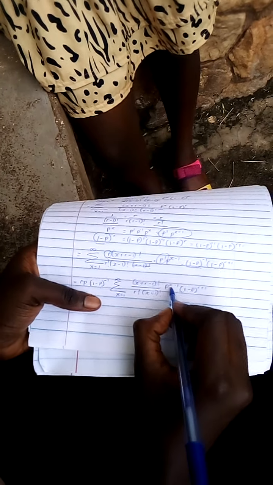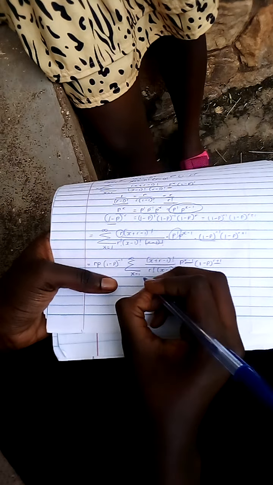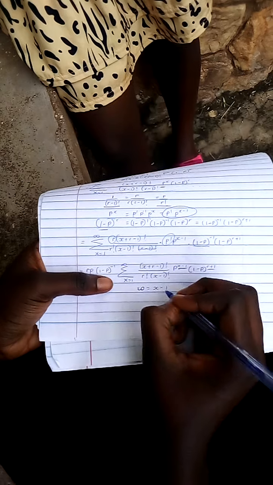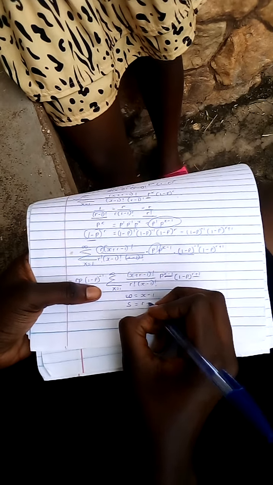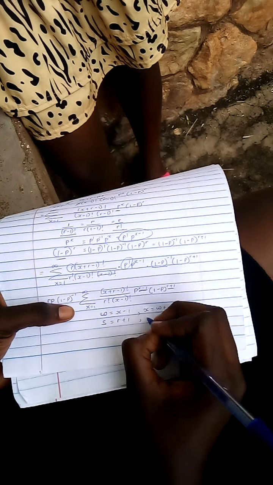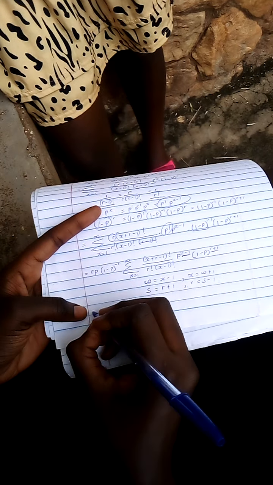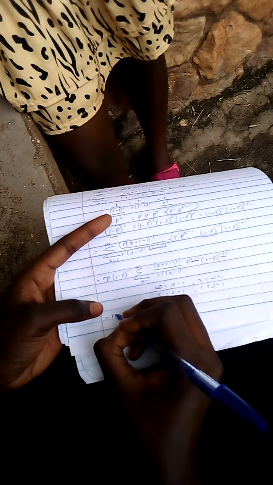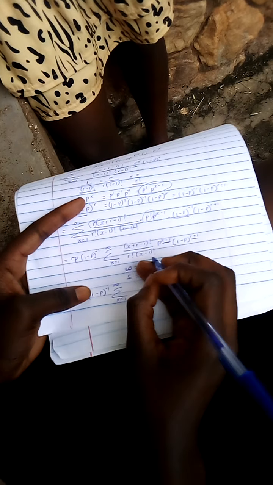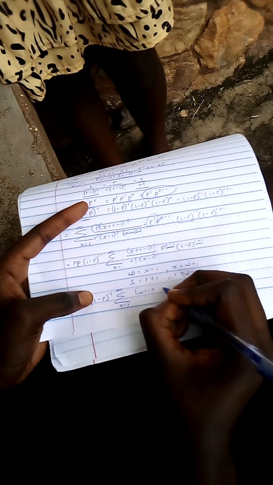But now we can let this be a single letter as well as this. So let w be equal to x minus 1, then let s be equal to r plus 1. From here, your x is the same as w plus 1, and your r is the same as s minus 1. Then we're going to substitute this into this equation. We shall have rp into (1 - p)^(-1). Here, x is w plus 1.